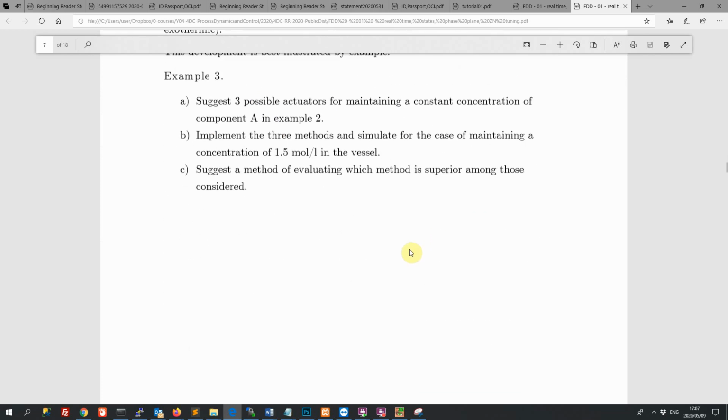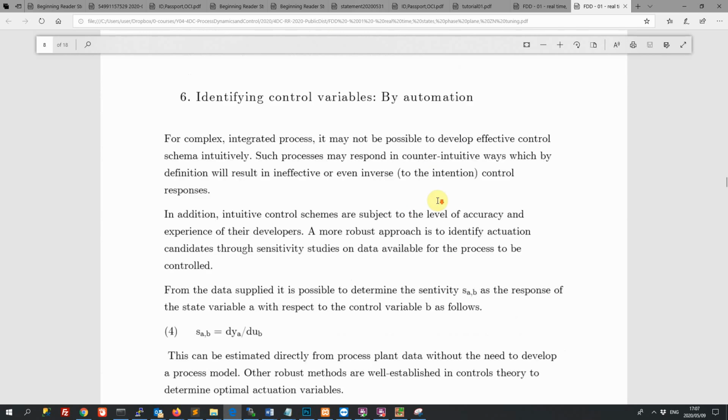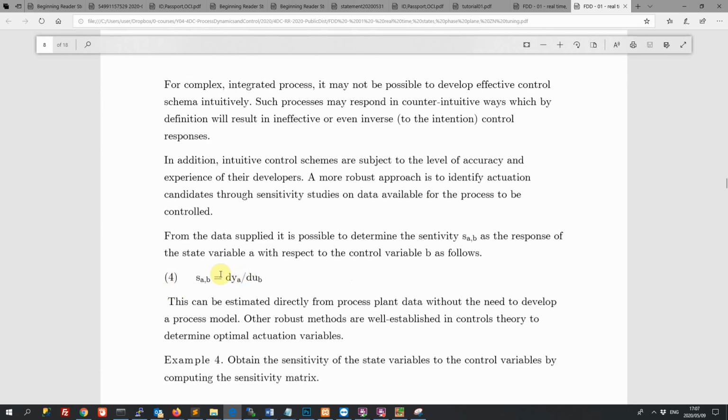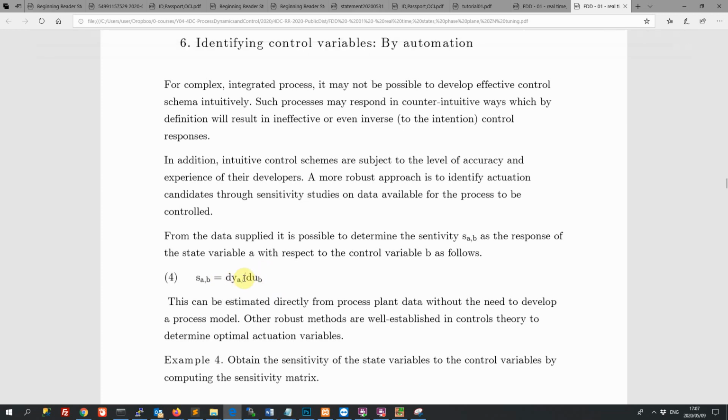control variables. You can also calculate the sensitivity. So you can look at the data from that process and say, fine, I know the state variable is varying with time. But instead of considering the gradient of the state variable with time, I could also differentiate it with respect to the control action. So I can look at all my data and look at, okay, when I was changing that flow rate, which variable was changing the most in response?